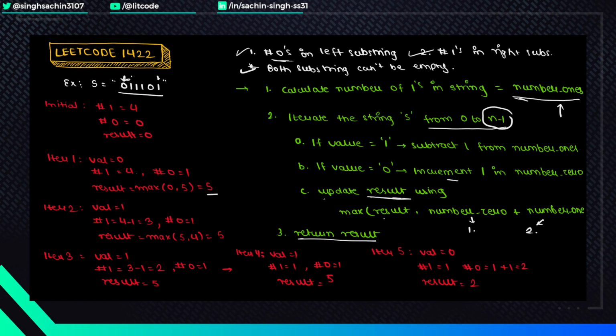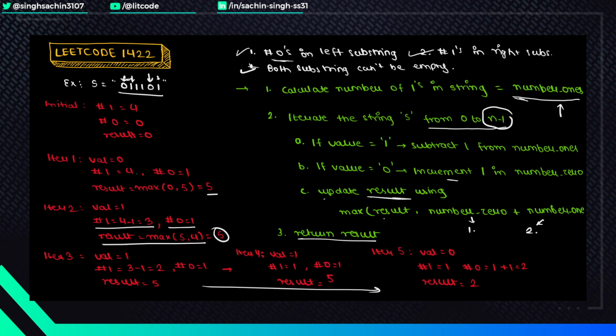Again, now the iteration is on this element. The value was 1, so we subtract 1 from the number of ones. Now we have 3 ones in the right substring, and we have a single 0 in the left substring. So the result will be the maximum of 5 and 4. So we'll have 5, and we'll follow the same logic for all the iterations till this point. I hope this is clear.